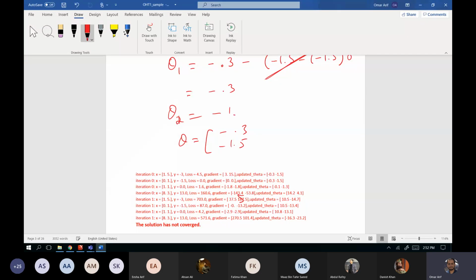So the question says do that for all training examples twice. This is the first iteration. In it you got the same value at first, then it stayed the same in the second, in the third example there will be a change, and in the fourth example there will be a change. So this is one epoch: you have gone through all the training examples. In the next iteration you went through again and ended up here. The solution has still not converged.